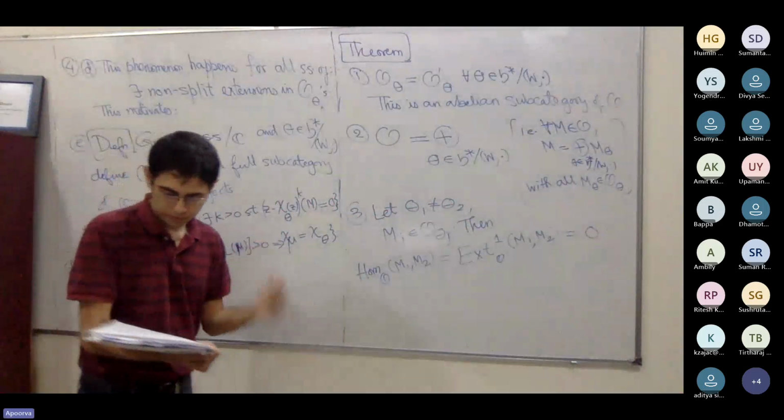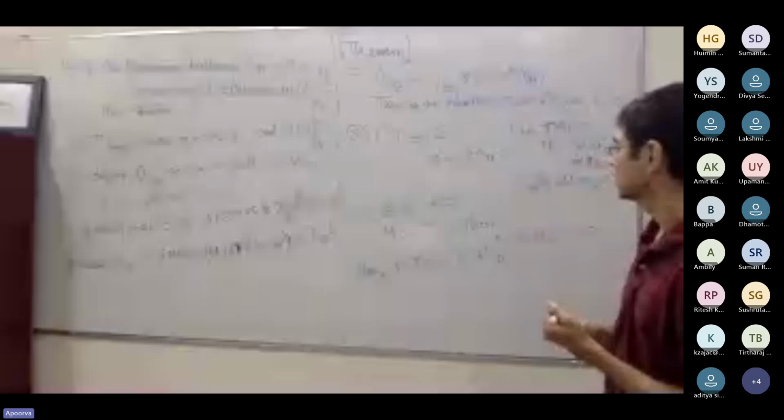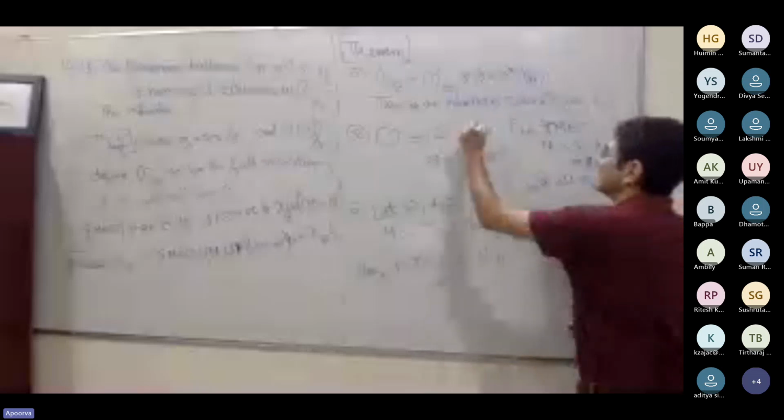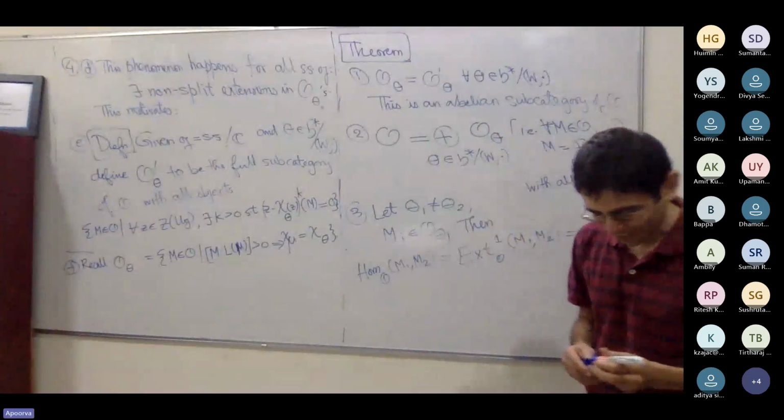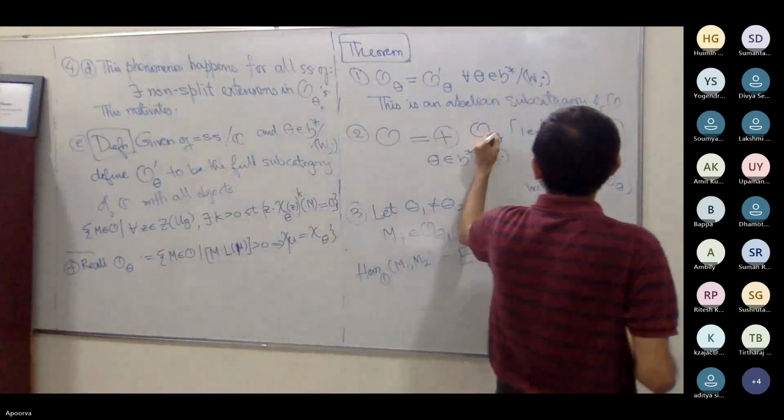That is the main theorem for today. Question? 2 is not coming. 2 is direct. Oh, yes, thank you. O is the direct sum of the O theta.